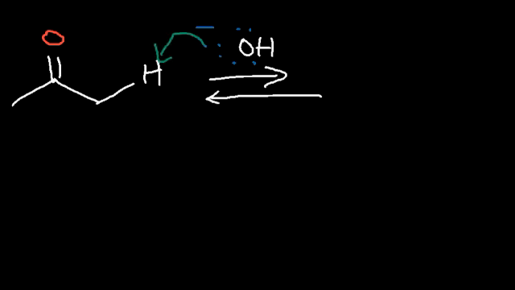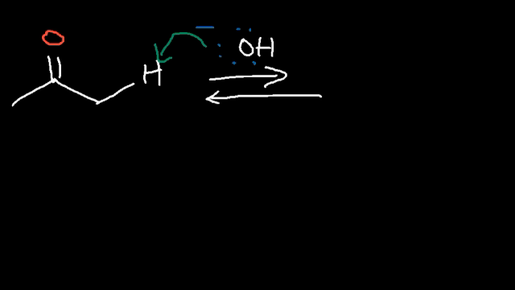That hydrogen is relatively acidic. And for a ketone, the pKa of that hydrogen is roughly around 20. So let's add hydroxide. We're going to use hydroxide to take off the alpha hydrogen.